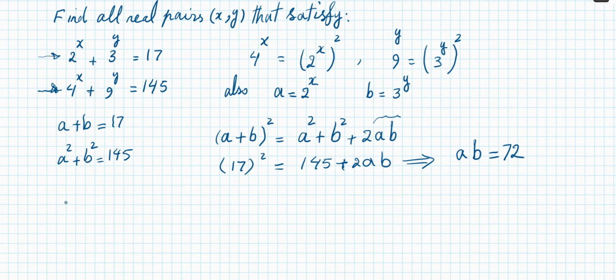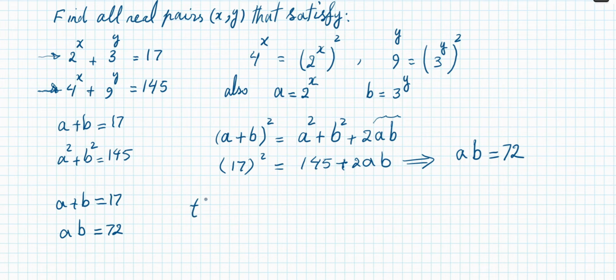And the equation now converts into a plus b is 17, ab is 72. To find a and b, one of the ways to solve this system of equations is to write it into a quadratic equation.